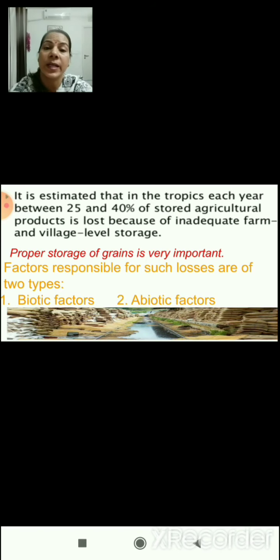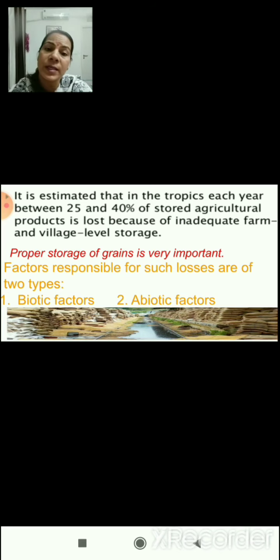It is estimated that in the tropics, each year between 25 to 40% of stored agricultural products is lost because of inadequate farm and village level storage. So children, storage is very important in getting a good amount of money from agriculture.